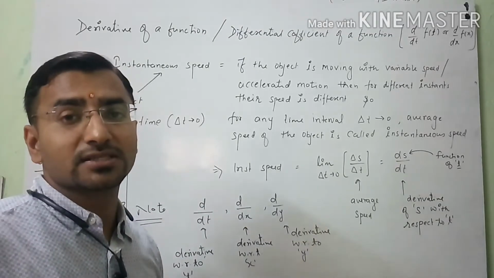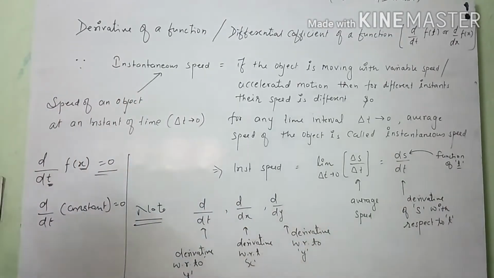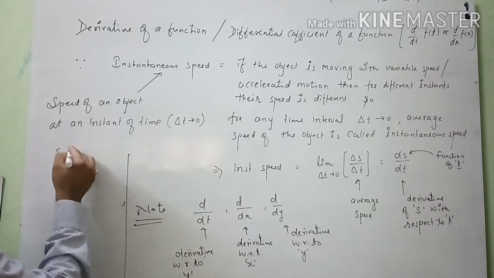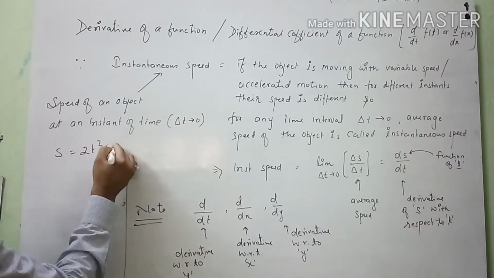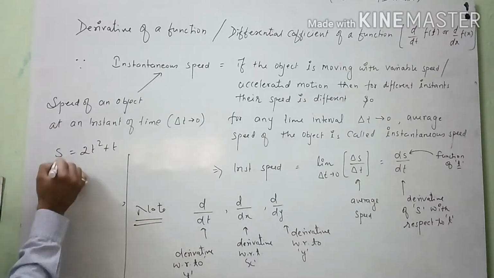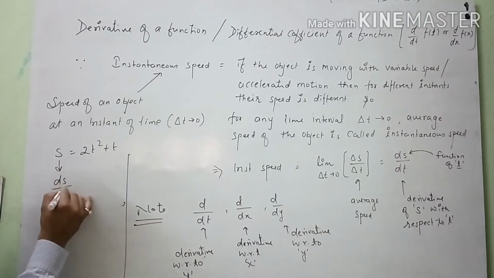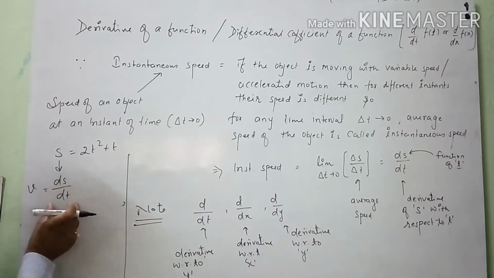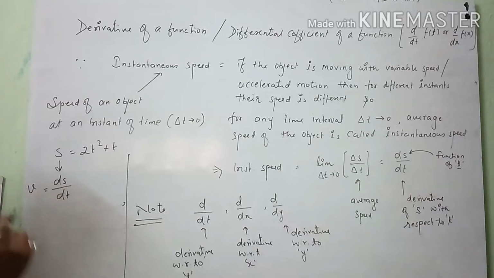So we cannot get any differentiated value of this function, and under this differentiation we can get different parts of physics. Suppose I write here s, meaning displacement or distance, which is a function of time, because on changing the time the position of an object is changing. If I differentiate this function with respect to t the first time, or you can say first order derivative, then we get velocity.